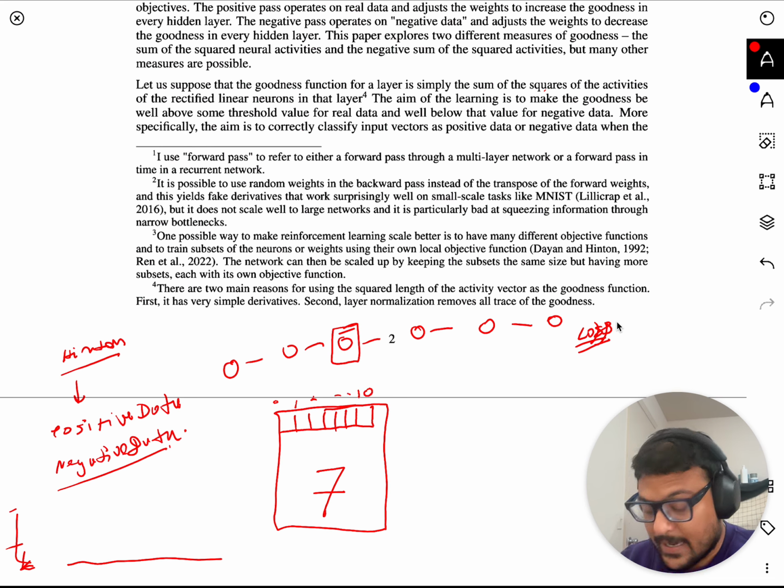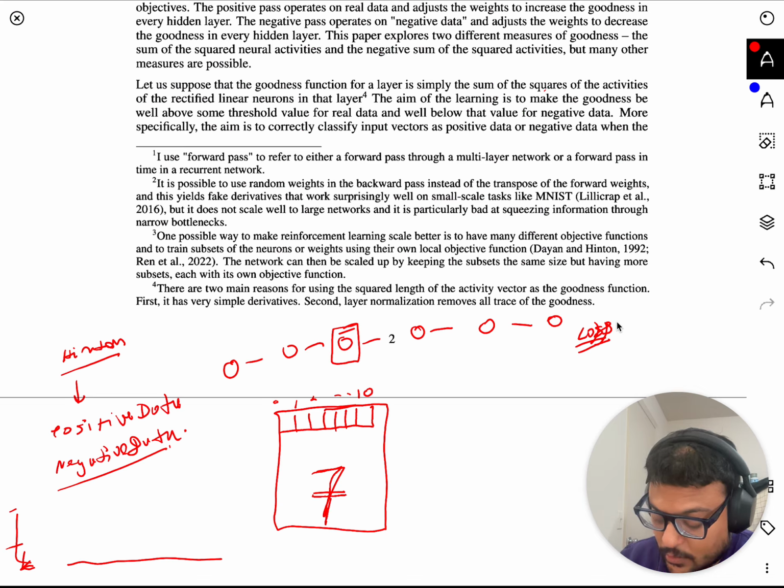The values at these pixels tell us which class the image is claimed to belong to. If you set the pixel to 1 here and set all of the others to 0, we are telling the network that this image of 7 belongs to class 0.